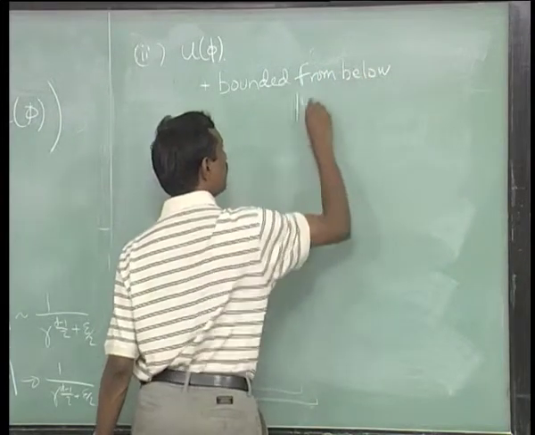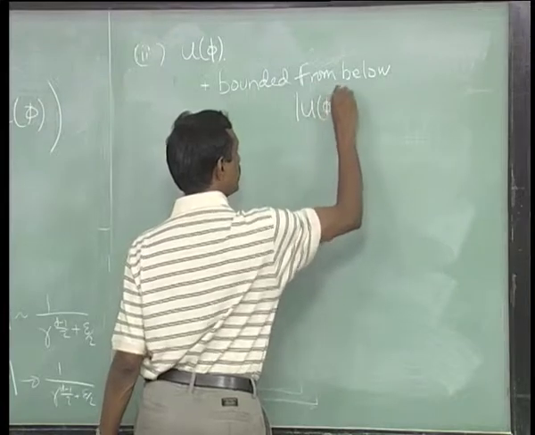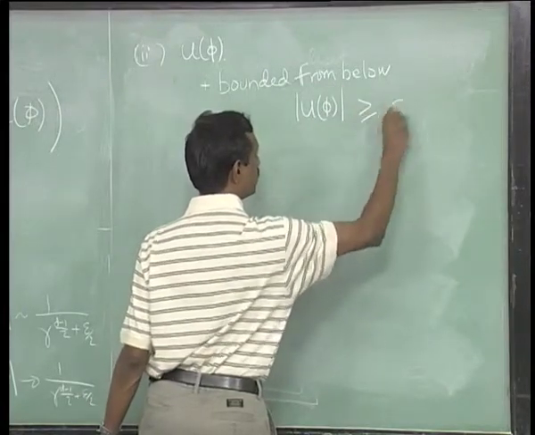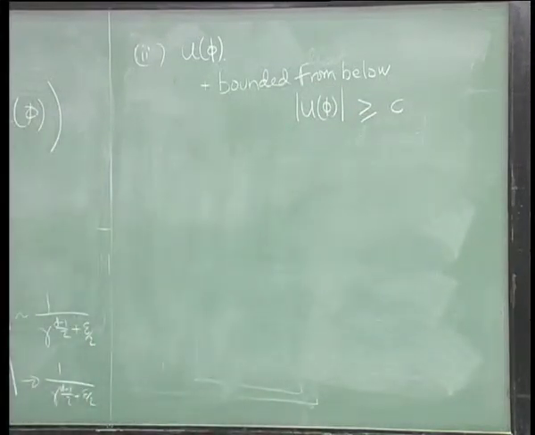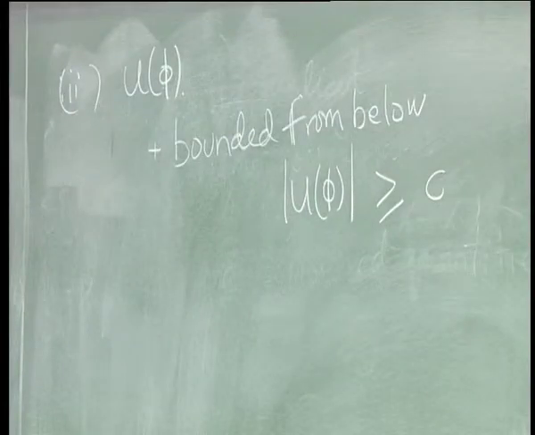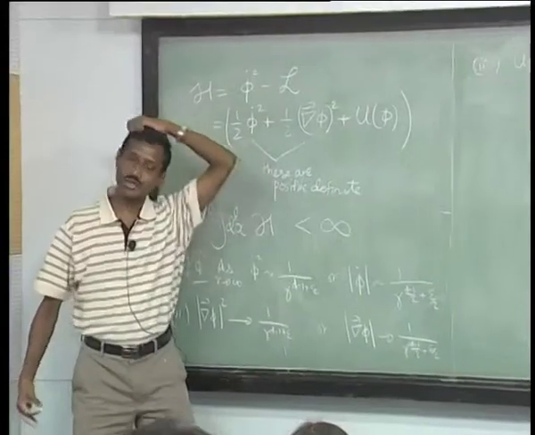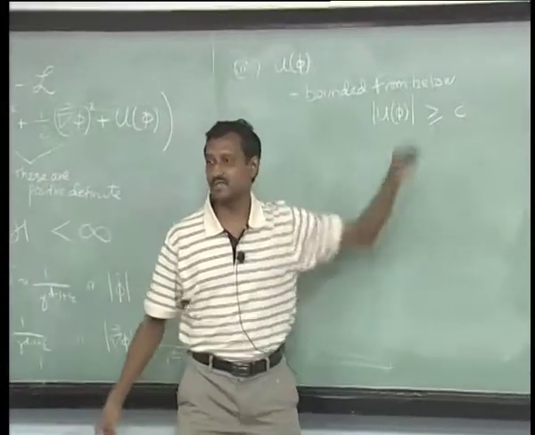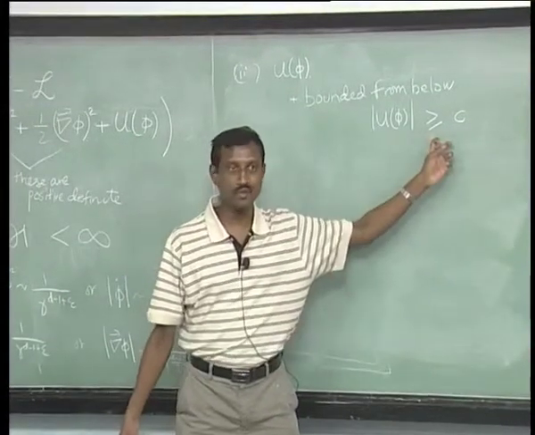By that I mean mod U of phi should be greater than or equal to some constant everywhere for any value of phi, just a function. So it should have a bottom, but let us ask what kind of bottom it can have. Can it have a negative number? Then it will be negative, so you could end up with a negative contribution. So you would think that I could settle for a positive number, c can be positive.